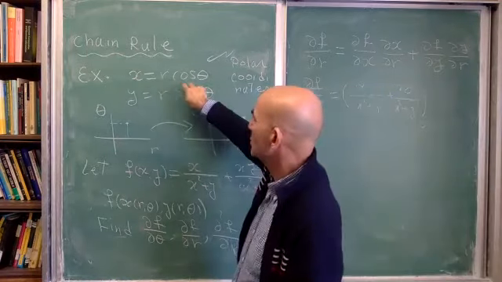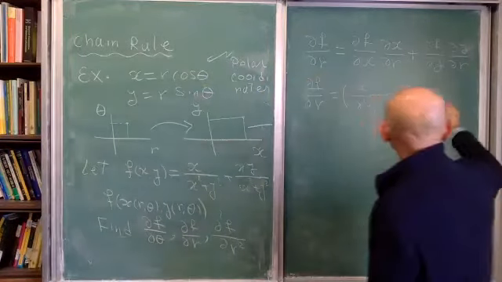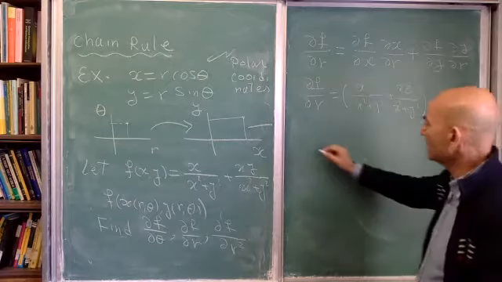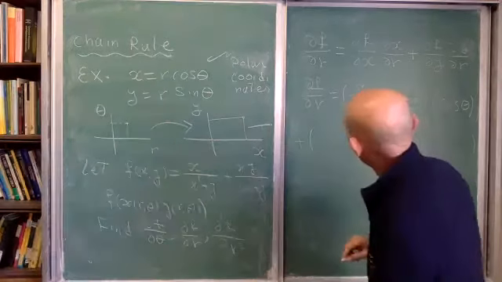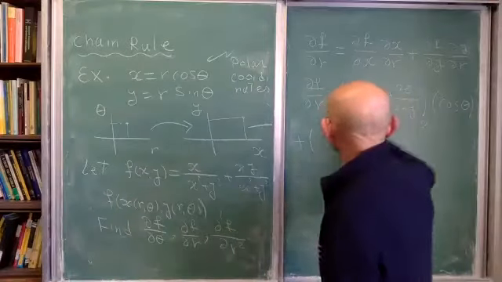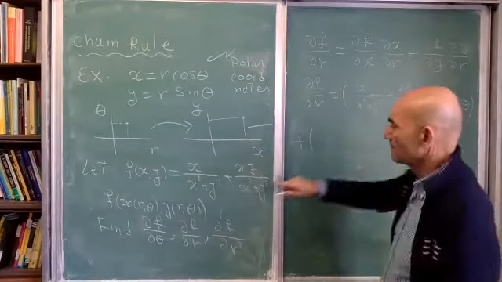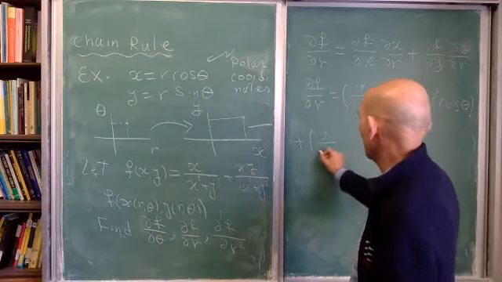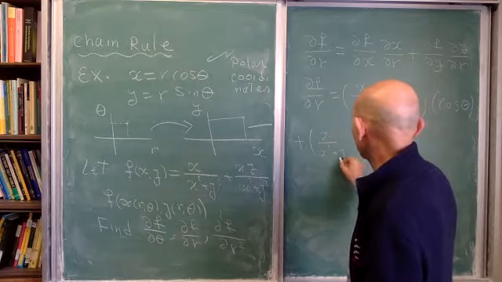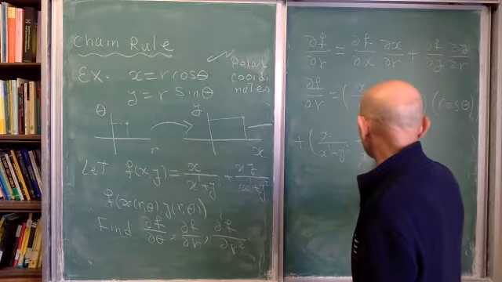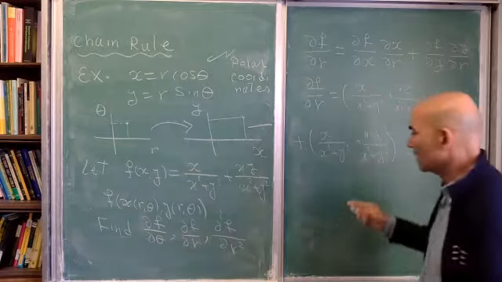dx/dr is not so bad. It's cosine of theta. Plus, the next one is df/dy. Here df/dy, this is the same thing, x over x² plus y², plus xy over x² plus y², with respect to y.